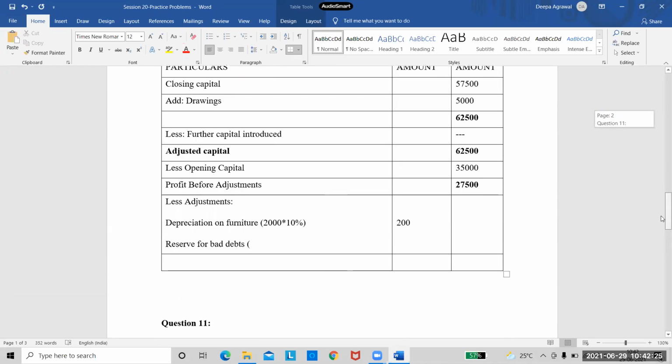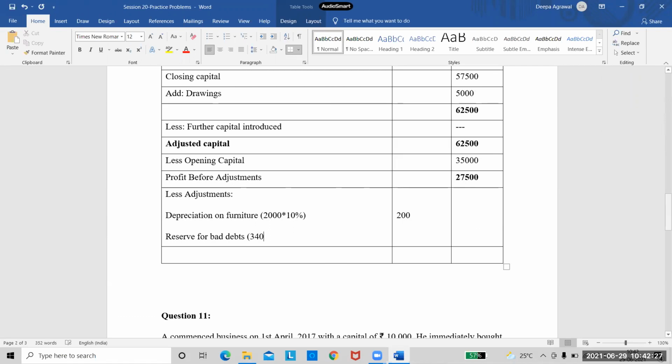So 34,000 into 10% gives me 3,400. So I will put the total of both of them now in the outer column. That becomes 3,600. So I need to reduce this 3,600 from 27,500.